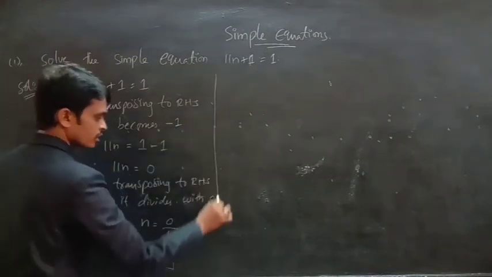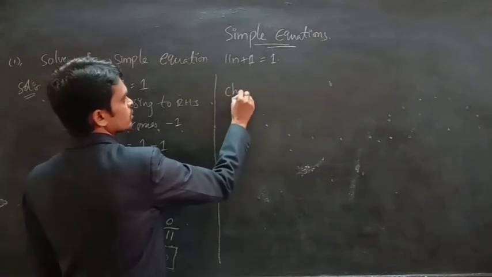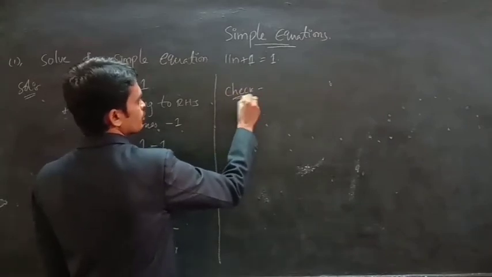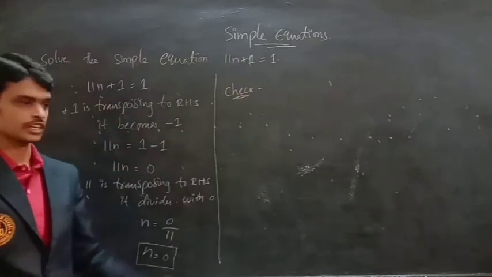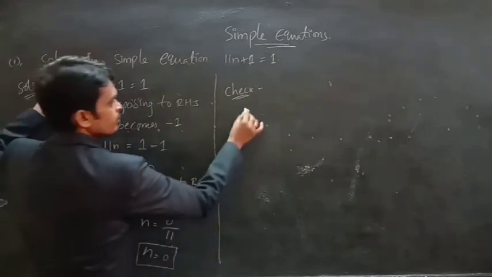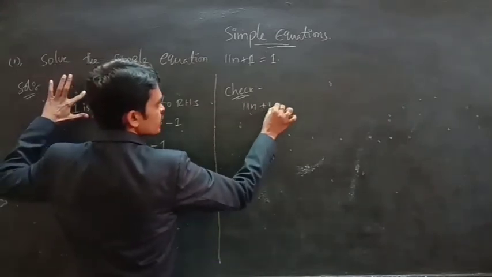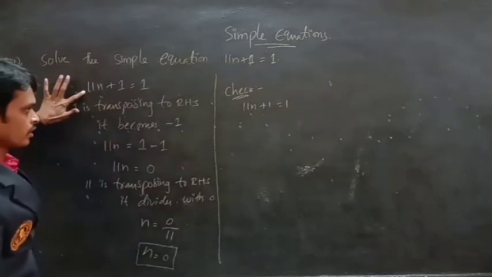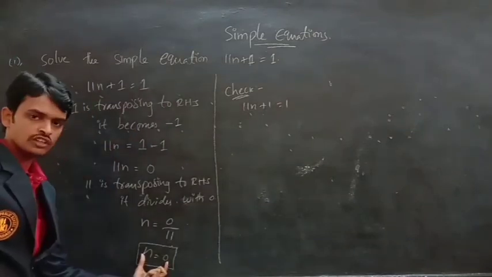Now we should verify the result by checking. The equation is 11n plus 1 is equal to 1. What n value did we get? 0.